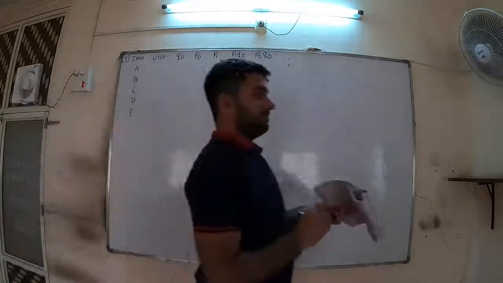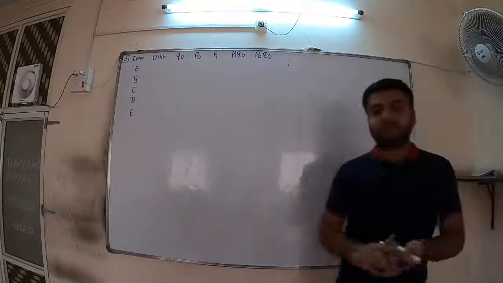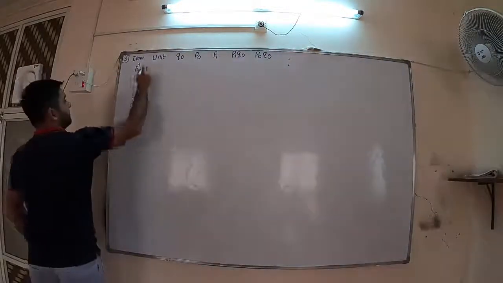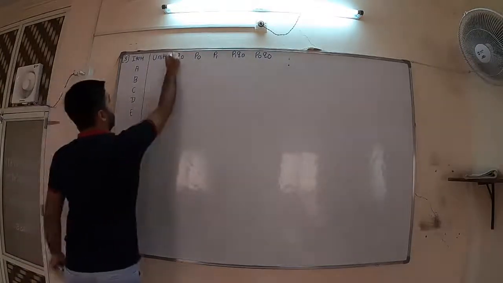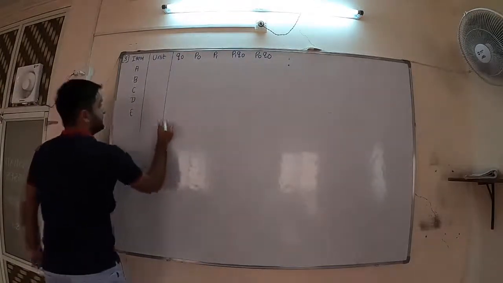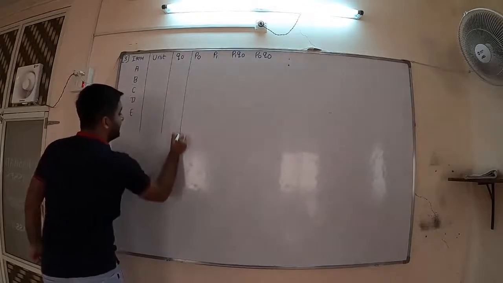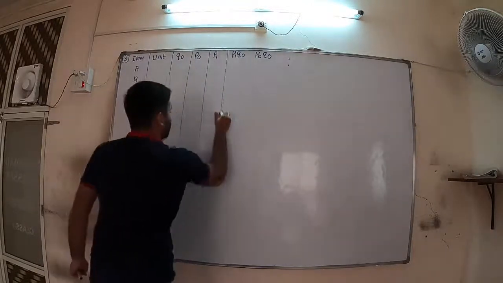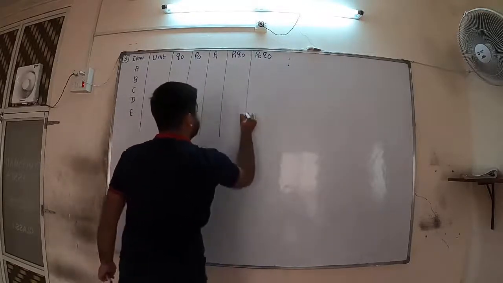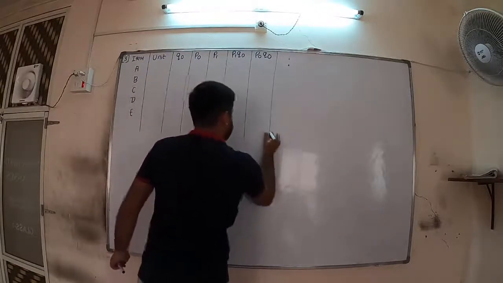Now I will draw the columns. These sums are very easy if you understand, but if you are not getting the things, if you are not watching me regularly, then it will be difficult for each and everyone. So remember this thing. Okay friends, so these are the columns.